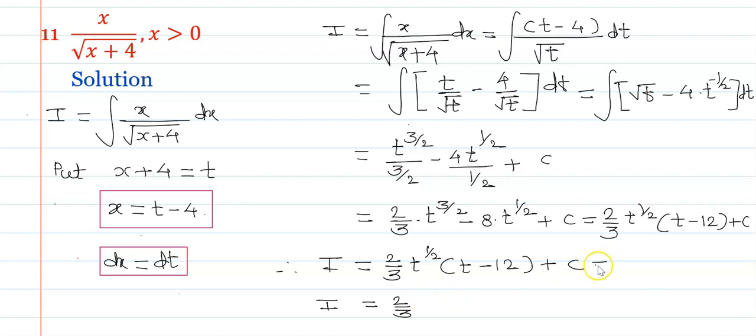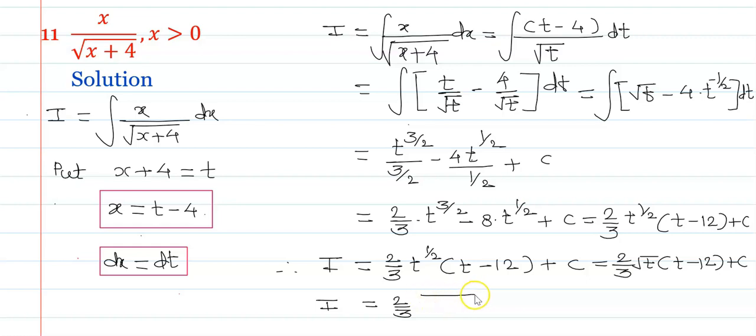Again, you can write here 2 by 3. This is the root of t, in bracket t minus 12, plus c. And that's why the answer is a root t. Root of t means what?